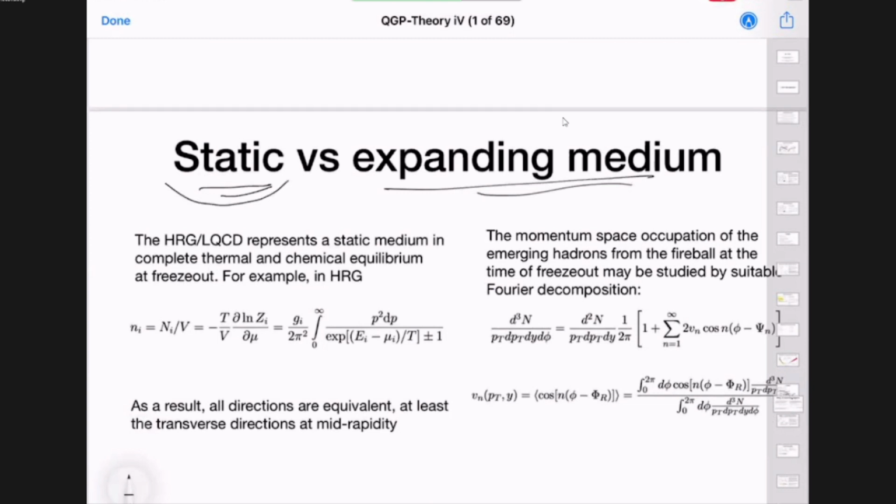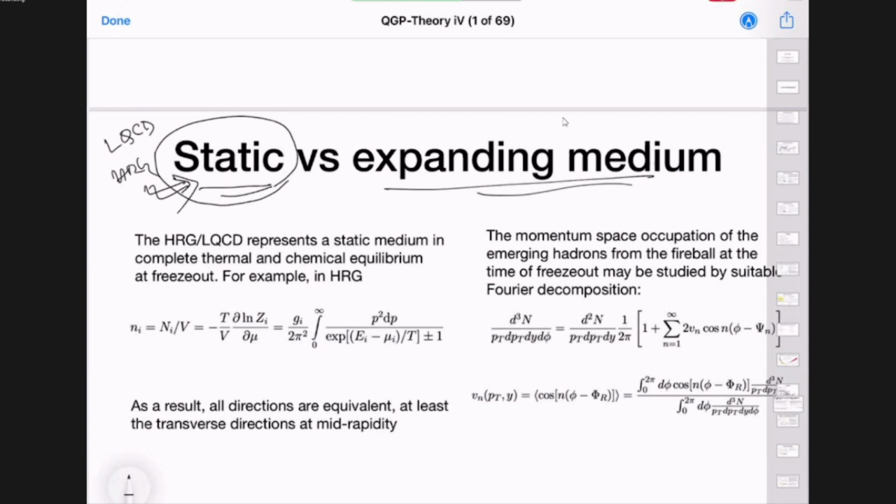Whatever discussion we have done so far, in the framework of lattice QCD or, say, the hadron resonance gas, we have been silently assuming that it's a static medium.